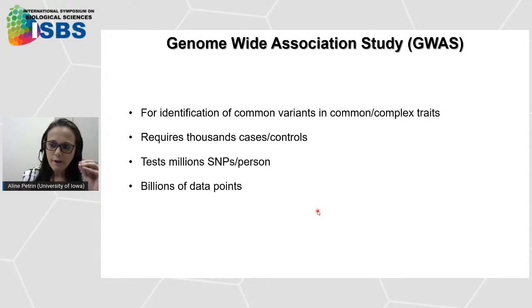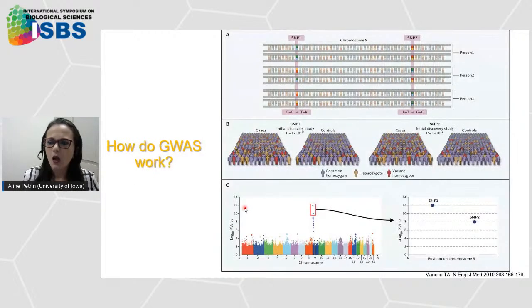Because the effect is so small, we need thousands of cases and controls for an efficient genome-wide study, and we test millions of SNPs per person, generating billions of data points. So as you can see here, let's use these two SNPs in chromosome 9 as an example. We test thousands of cases versus thousands of controls, and we can see that the frequency of these SNPs is much higher in cases than in controls. The same for SNP2.